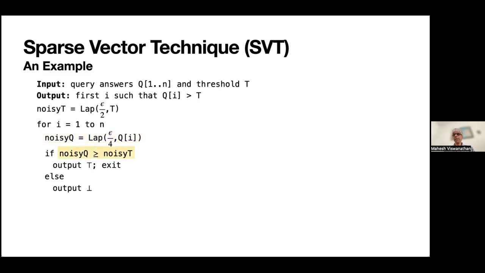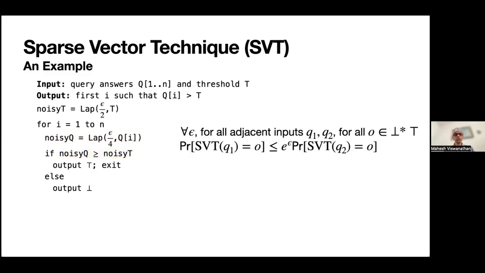Then it's going to compare the noisy query with the noisy threshold. If the noisy query is larger than the noisy threshold, it will say that this is the index at which you first find a query which is larger than the threshold, and it will stop. Otherwise, it will continue processing the queries.